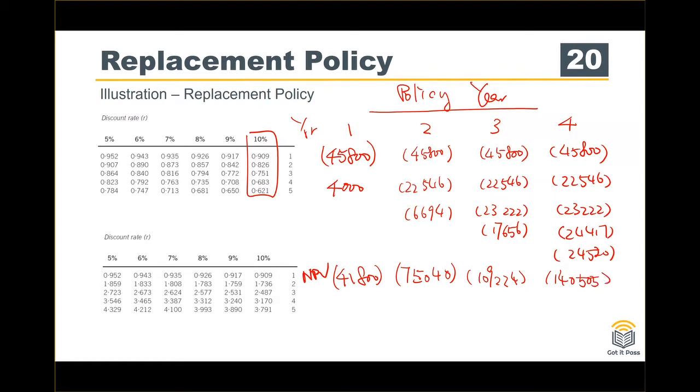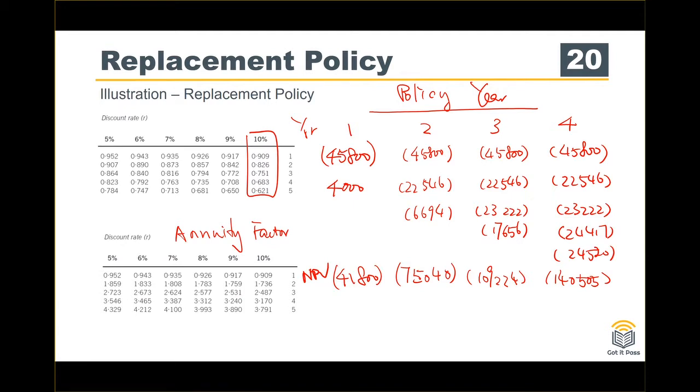The key point is, don't forget, these numbers come from different policy years, so you have to adopt a different annuity factor. To make the comparison, we need to find which contributes the least negative NPV.